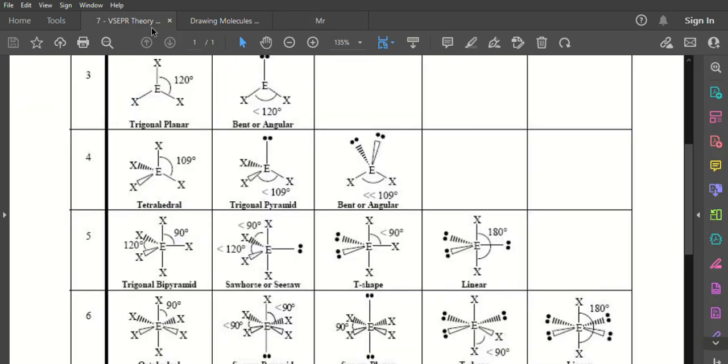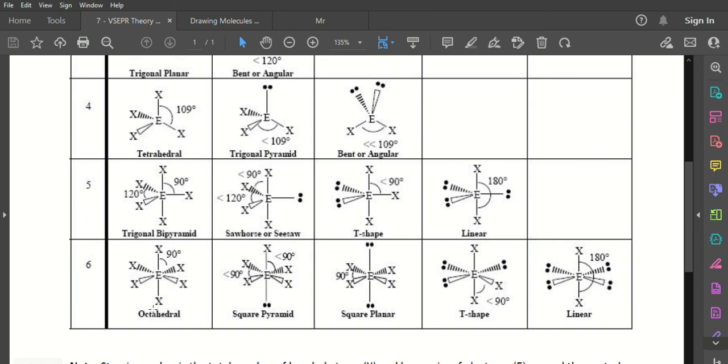So everything in this row is tetrahedral for group geometry, but if you're looking at molecular geometry, it's going to be these specific names. Okay, everything in this row is octahedral for group geometry, but if it has 4 lone pairs, its molecular geometry is going to be linear.